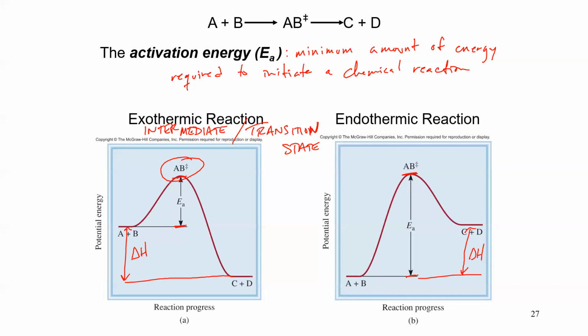Thank you so much. Yes, exothermic it is. Right, that smaller activation energy means that it's going to be faster for those molecules to convert from A and B over to products than it is for the endothermic.